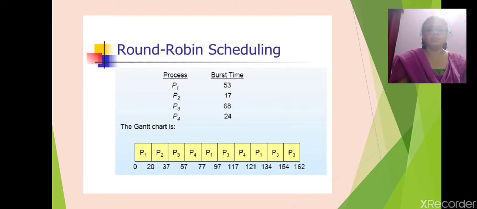Process P2 doesn't need 20 milliseconds, so it quits before its time quantum expires. The CPU is then given to the next process, P3. Once each process has received one time quantum, the CPU is returned to process P1 for an additional time quantum. The resulting RR schedule is shown in the Gantt chart.